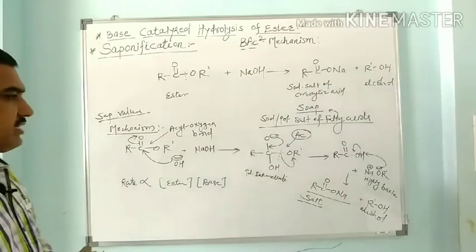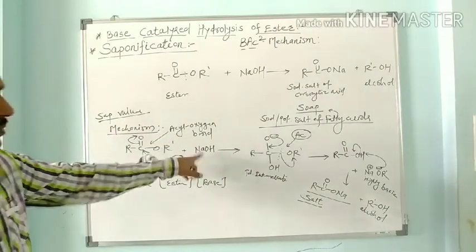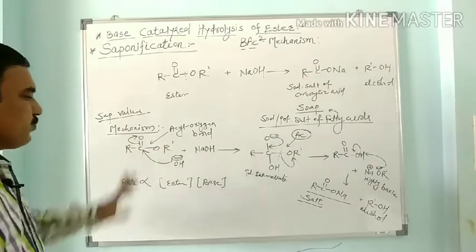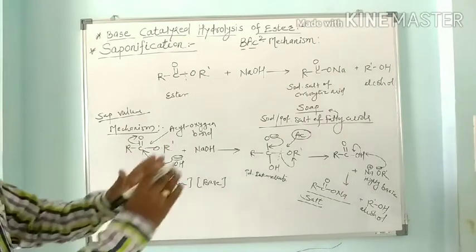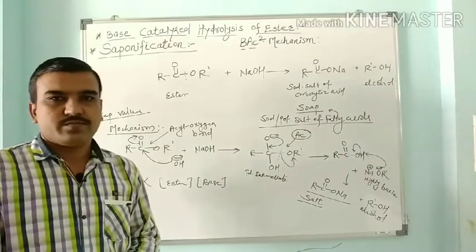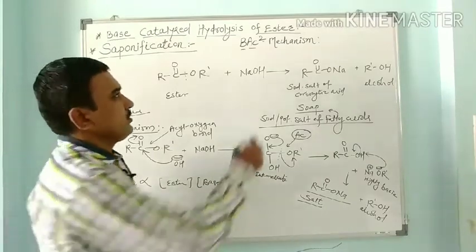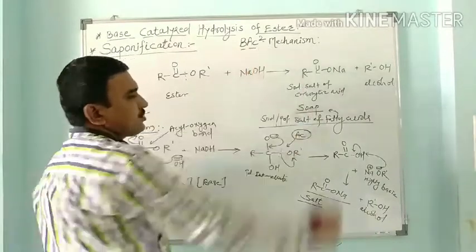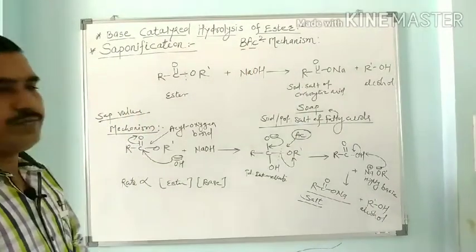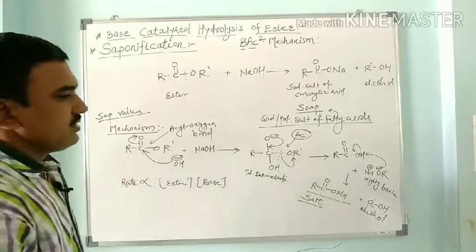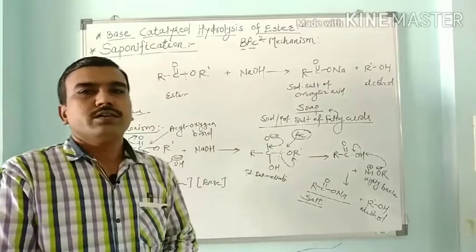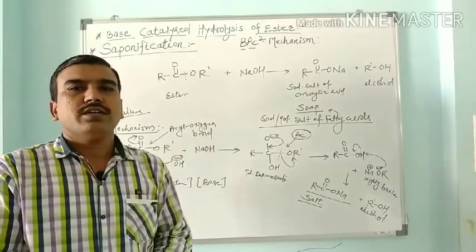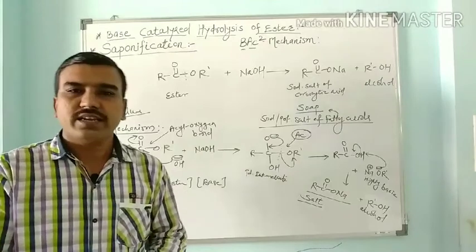It is a second order reaction in which the concentration of base as well as the concentration of fat or ester determines the rate of reaction. Hence it is called the bimolecular base catalyzed acyl oxygen bond cleavage mechanism. So this is the mechanism of saponification or ester hydrolysis in alkaline medium.